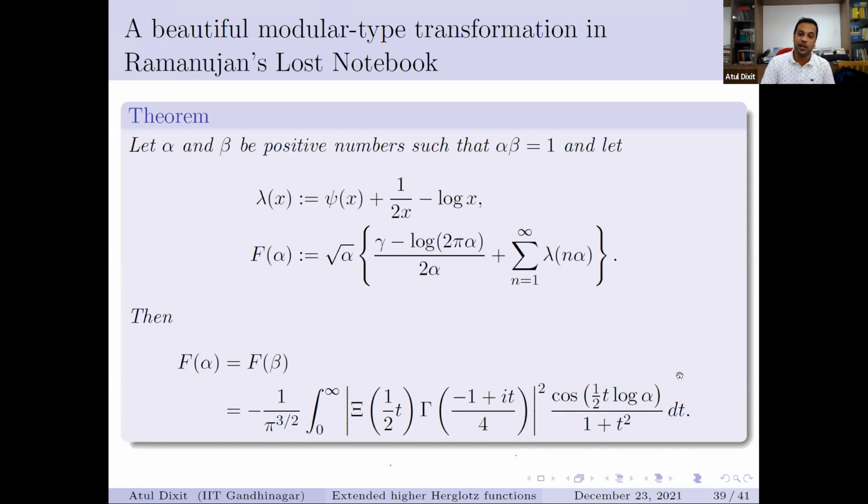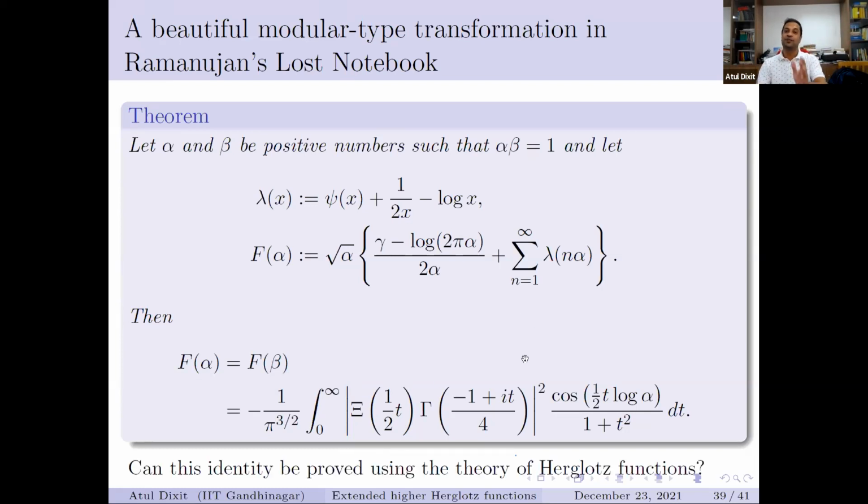expressions are equal to this particular integral involving the generalized, or sorry, the completed Riemann zeta function. Unfortunately, again, I don't have time to go over it. But we really think that this lies in the realms of the theory of Herglotz functions. Why? Because you are summing something like psi minus log in here. You have an extra term because you don't have anything in the denominator over n.